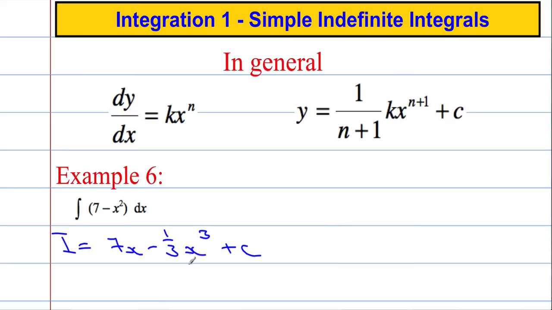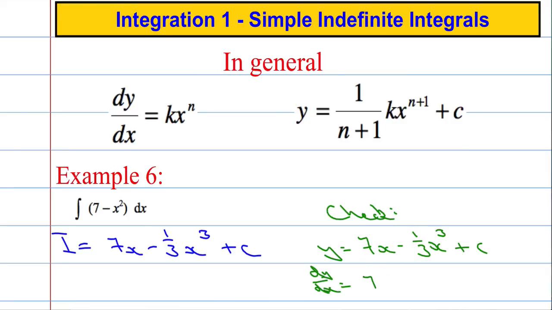So let's check, make sure that this is done correctly. So the check, if y was equal to 7x minus 1 over 3 x cubed plus some constant, I'm hopeful that we get back to this. Well, let's do dy by dx.